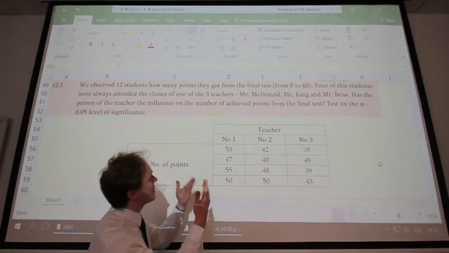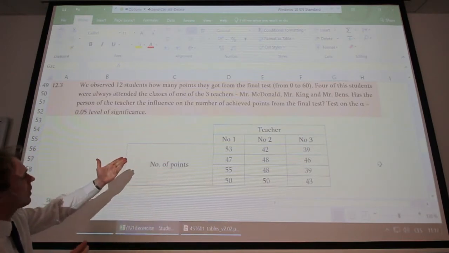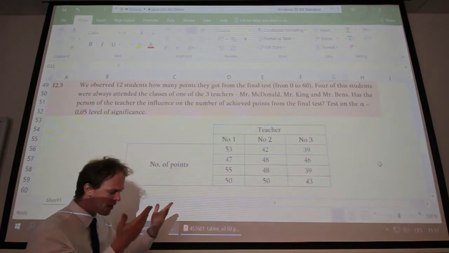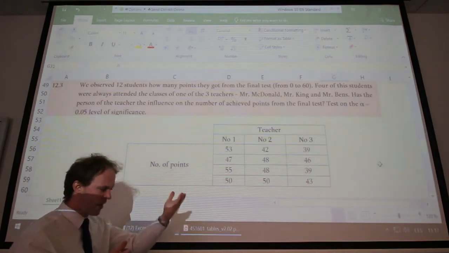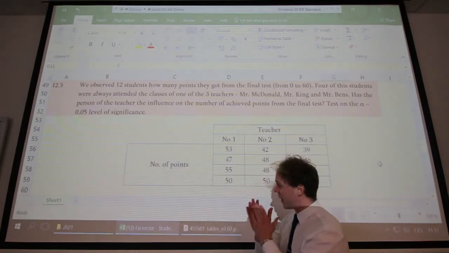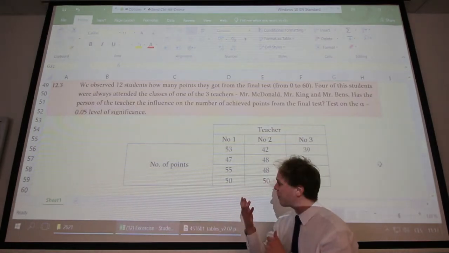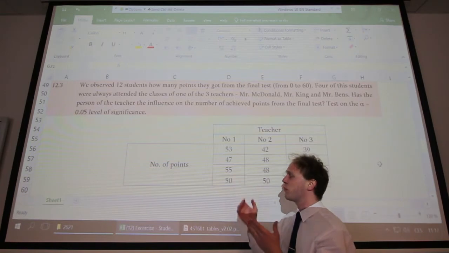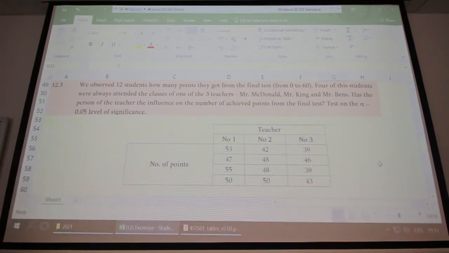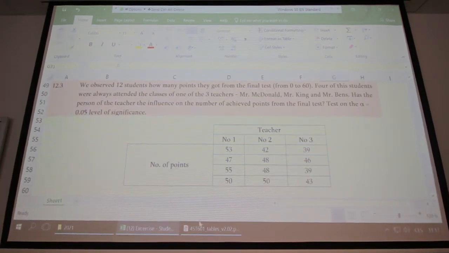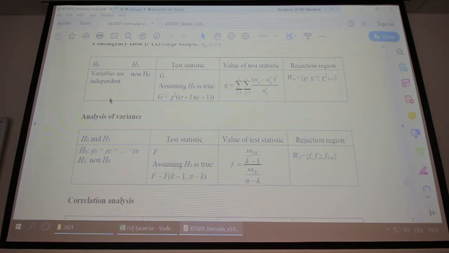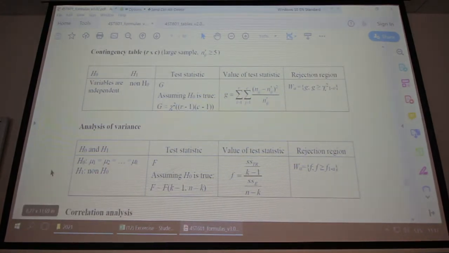And we will decide at the alpha 5% significance level if this dependence is really statistically significant, yes? So we will run the statistical hypothesis test in the case of ANOVA, analysis of variance. So we will check our formulas. So where we have formulas here, analysis of variance.